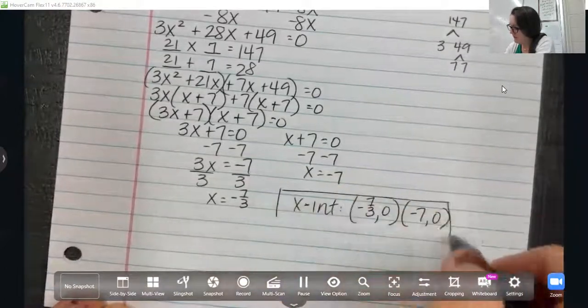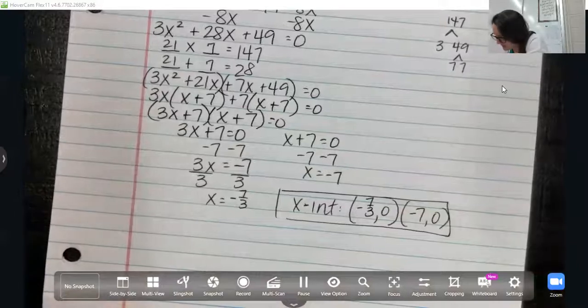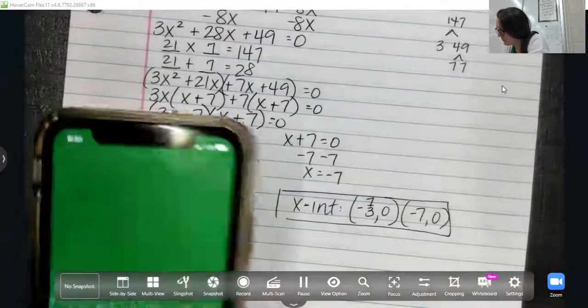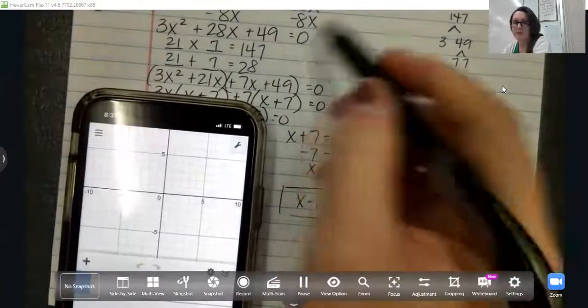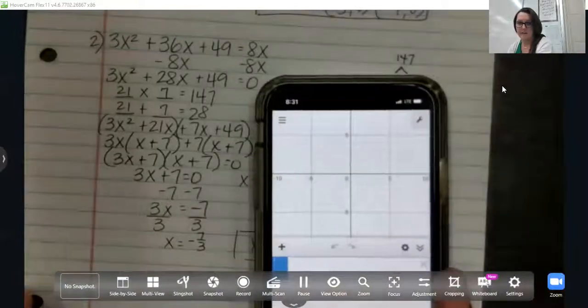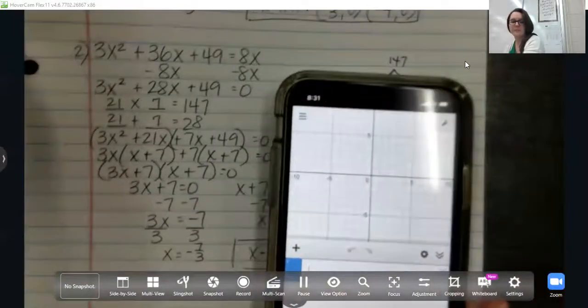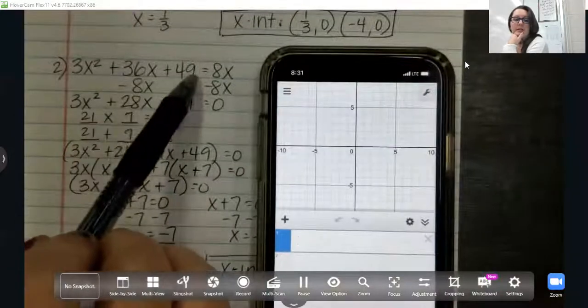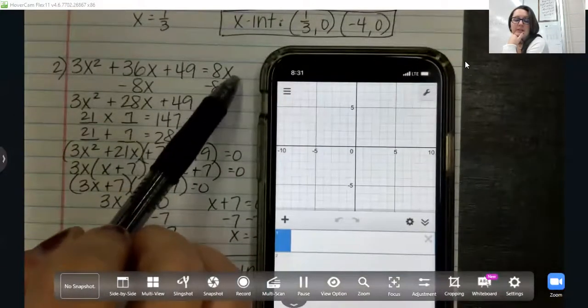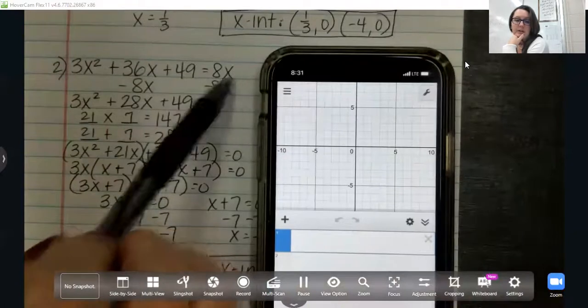Now, because I'm curious, I want to make sure that we got this right. You can do one of two things. Here's my Desmos graphing. You can put this in and this in and see where they intersect, right?